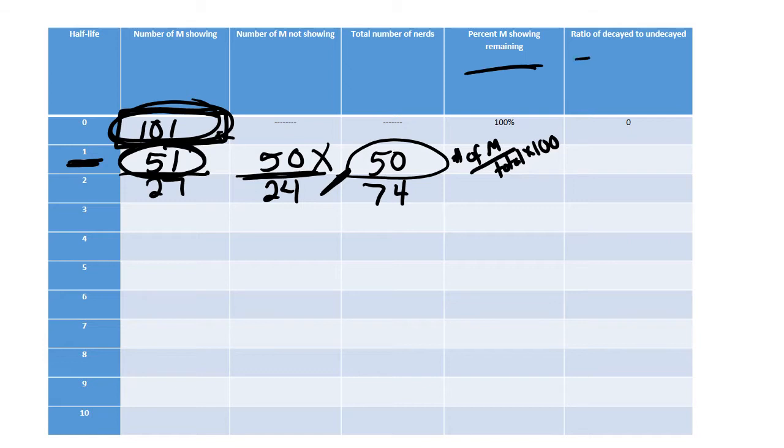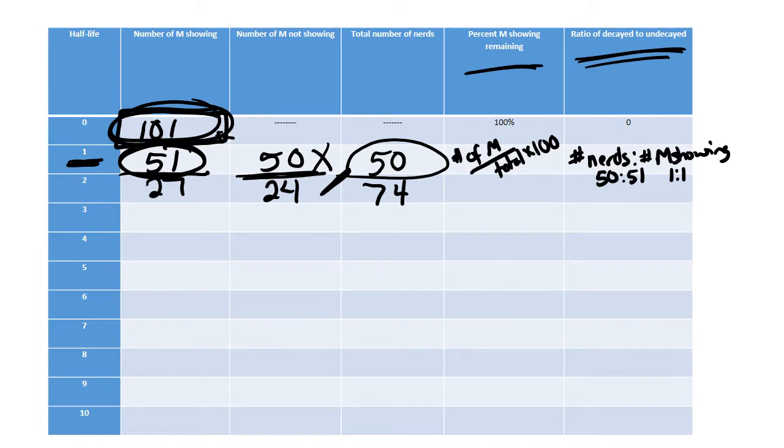The ratio of decayed to undecayed: you're going to take the number of nerds to the number of M showing. For this first one, it's 50 to 51, and you can reduce that down. It's about 1 to 1, which is what we would expect.